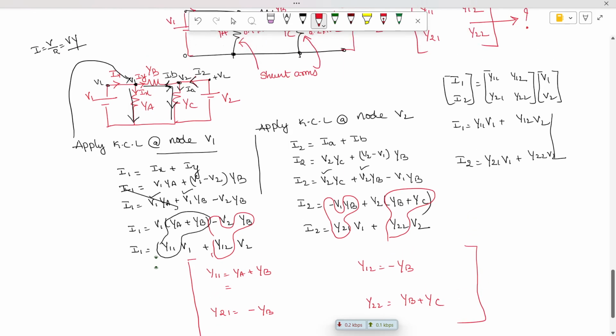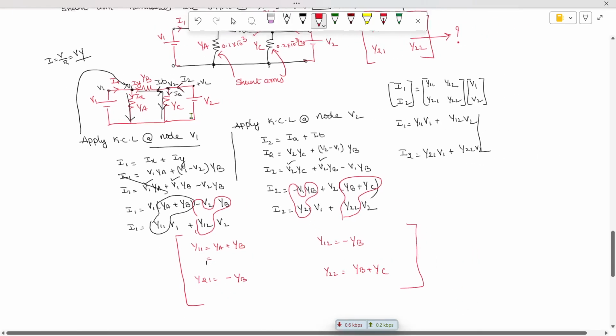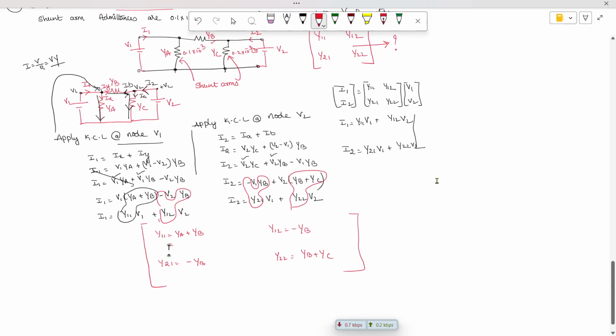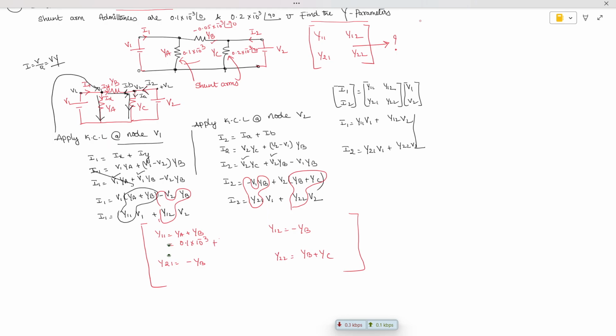Now in the given question, we already have the values of YA, YB and YC. When you substitute here, the value of YA is 0.1 into 10 to the power minus 3 plus 0.05 into 10 to the power minus 3 at an angle of minus 90.